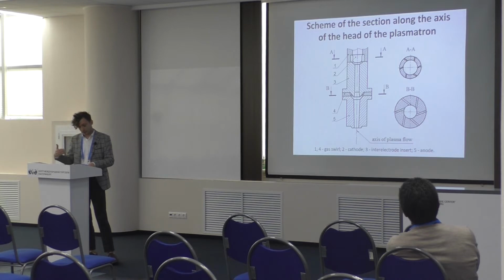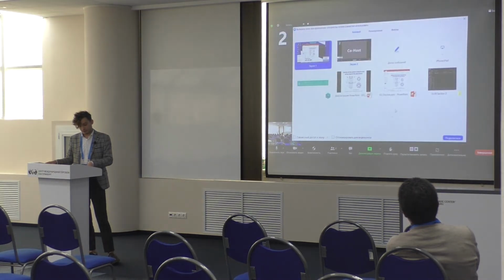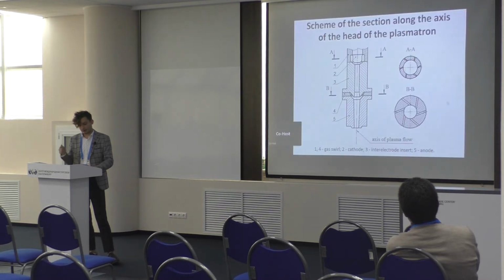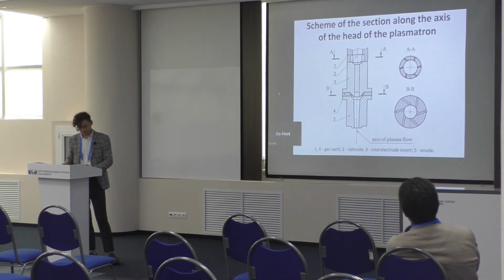The temperature at each point of the plasma jet is different and changes along the axis of the flow and with the distance from its core in the perpendicular direction.